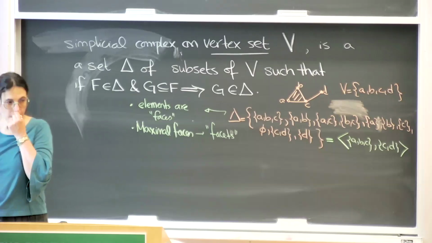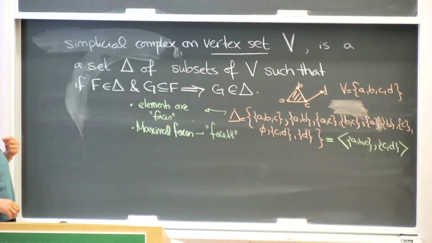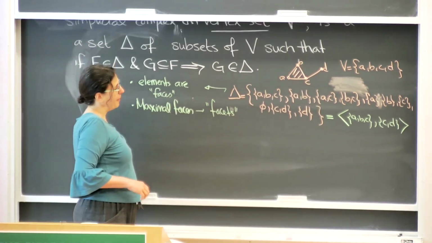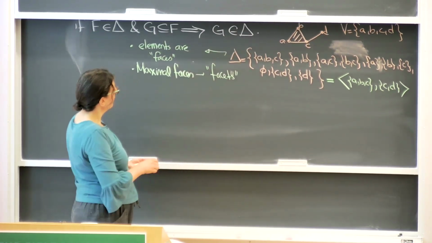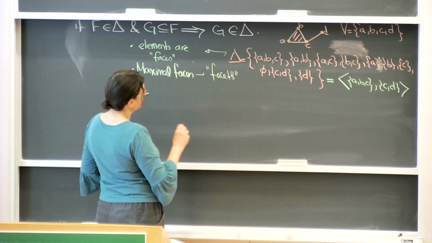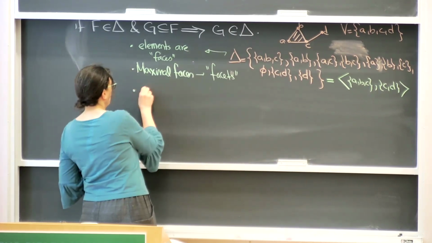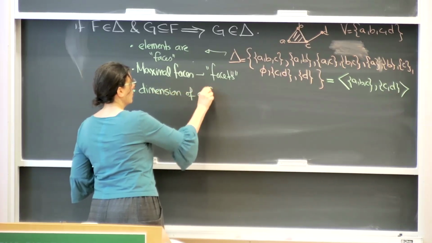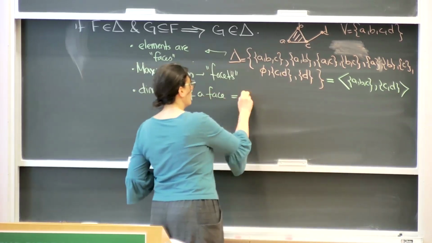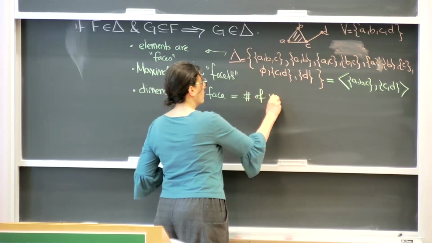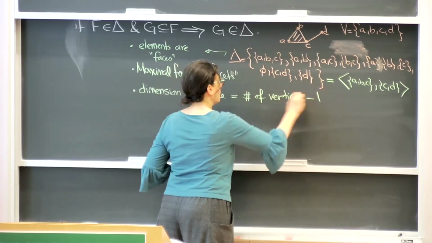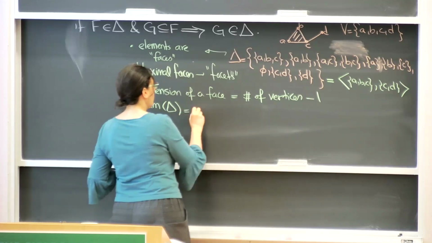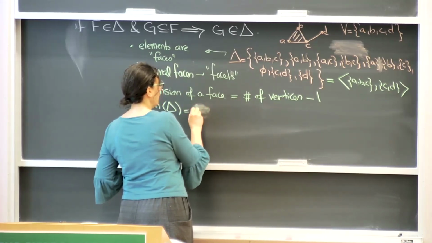Okay. And the dimension of a face is the size of the face, the number of vertices, minus 1. And the dimension of the simplicial complex is the largest dimension of its faces.